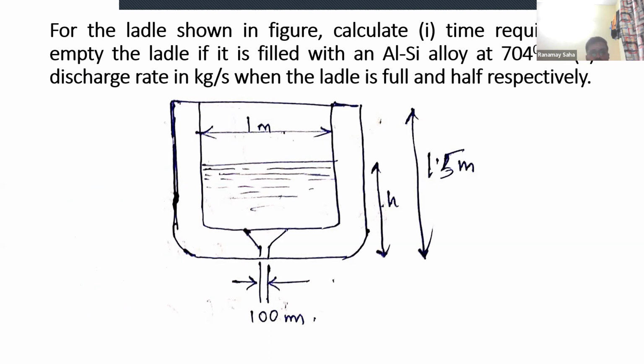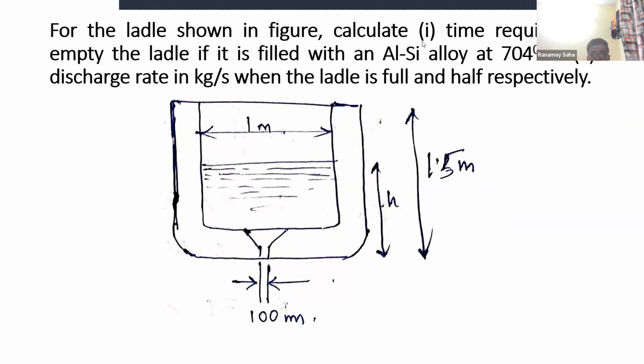So here you have this ladle being shown. It has a girth area of 1 meter. We have a total height of 1.5 m, and this is the height of the molten metal inside the particular ladle. So we have a 100 mm outlet. Now this is an aluminum silicon alloy at 704 degrees centigrade.